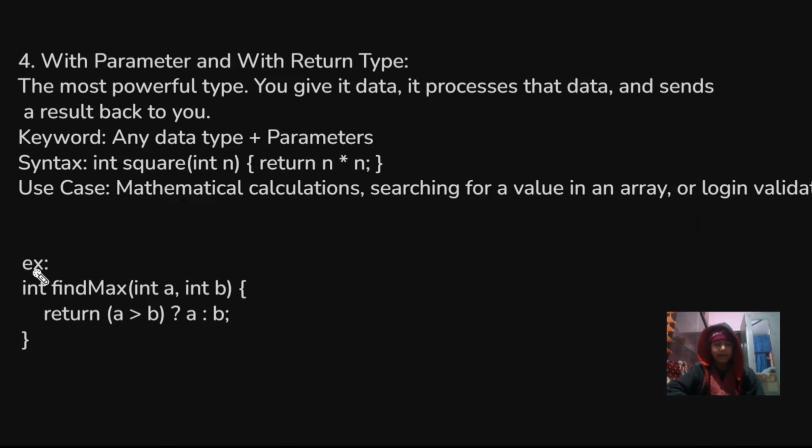According to this example, the return type is integer and it takes two parameters, a and b, and checks which number is greater, a or b, and returns that number. So basically this is the fourth type of function, which is with parameter and with return type.